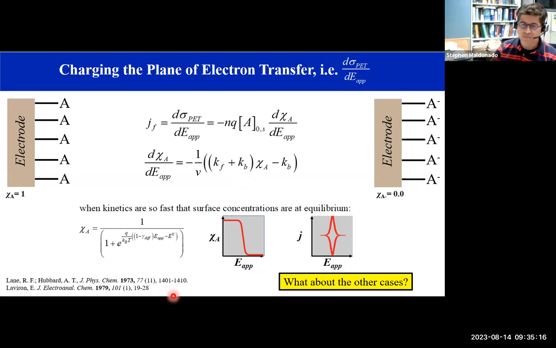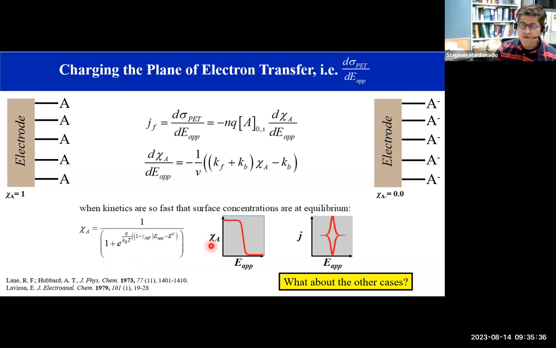For that case, which Laviron described in the late 70s, it turns out that an equation for the fraction of molecules at any point in time, at any potential, that were in the oxidized form is given by this really simple expression, which is essentially the Fermi function.